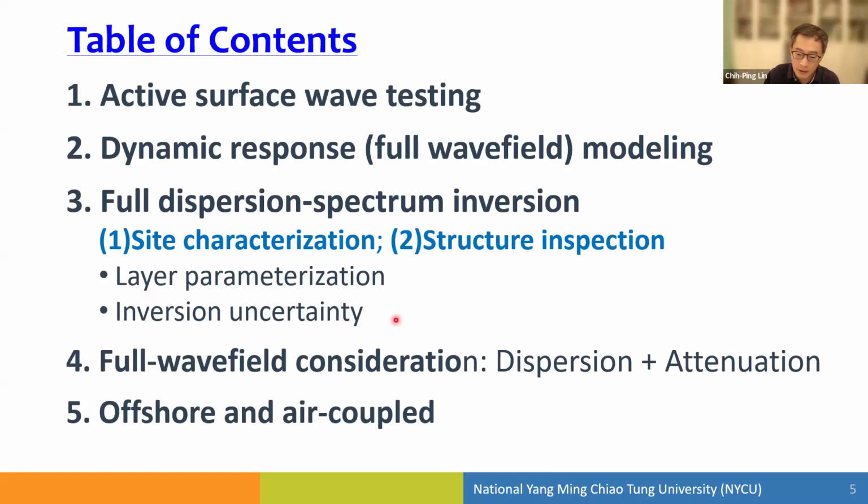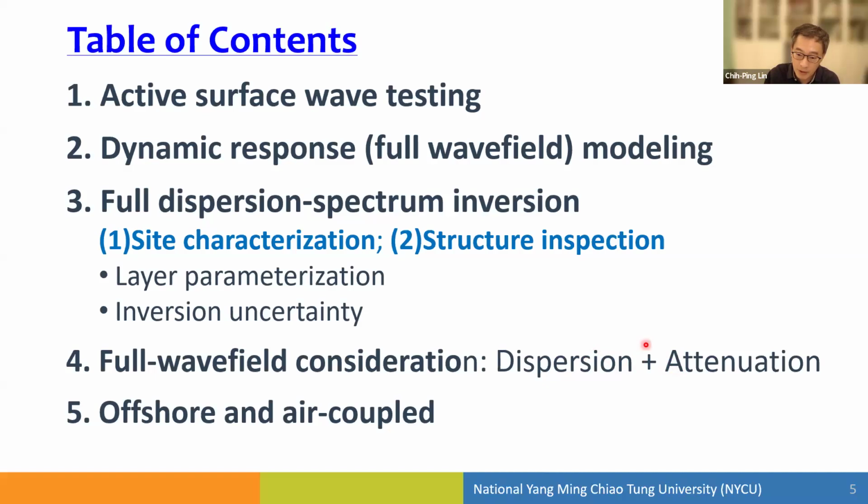So in the surface wave method, we really focus on the phase propagation. So the dispersion spectrum is really about phase propagation, and the wave field also contains the amplitude decay with distance.